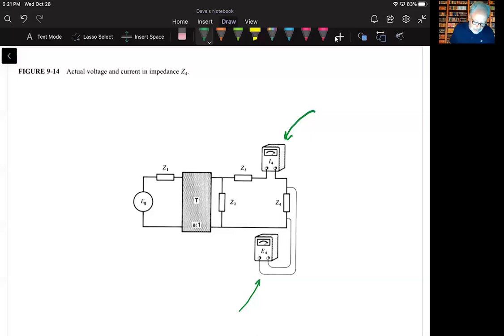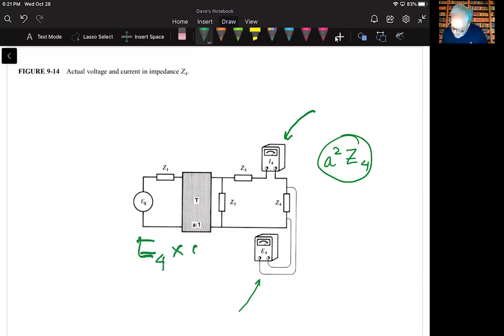Then in the equivalent circuit, this Z4 becomes A squared Z4, and the voltage across this impedance would be equal to E4 times A volts.